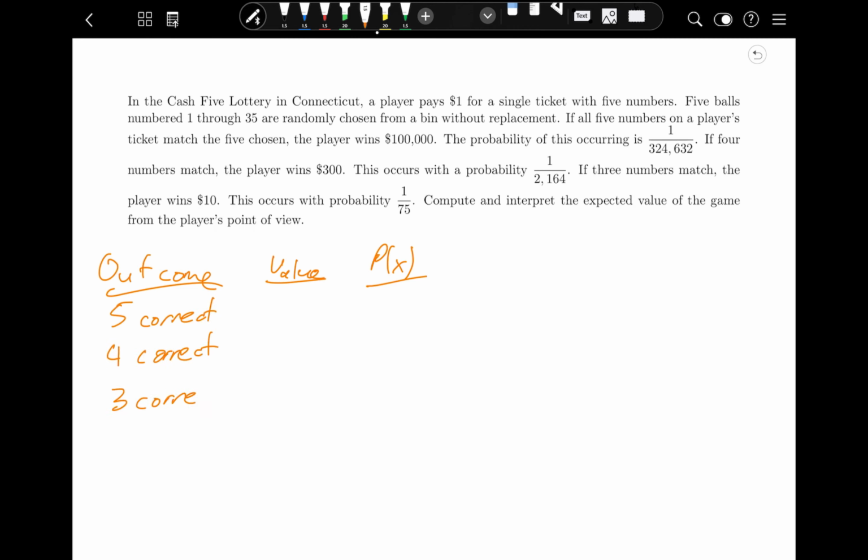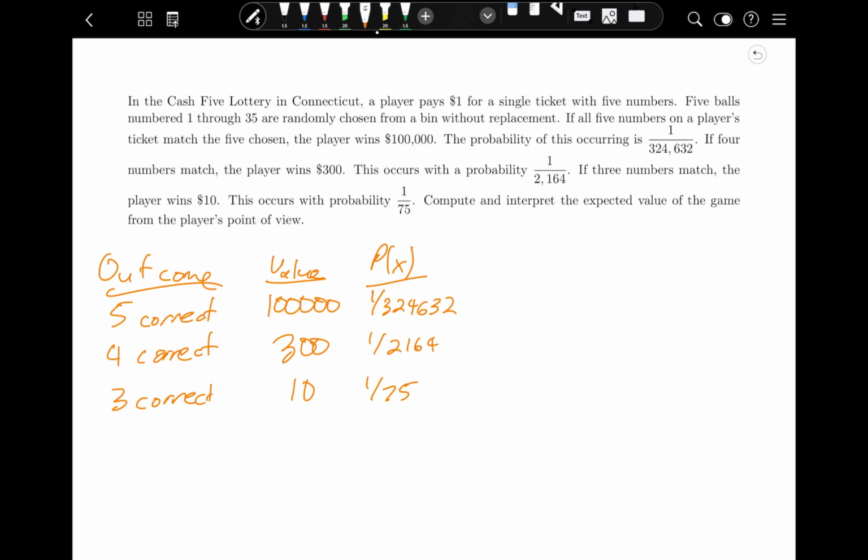The value of getting 5 correct is $10,000. The value of getting 4 correct is $300, and the value of getting 3 correct is $10. And then they give us the probabilities: 1 out of 324,632, 1 out of 2,164, and 1 out of 75.